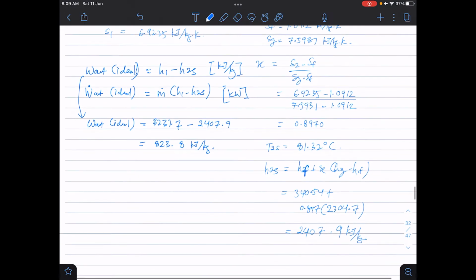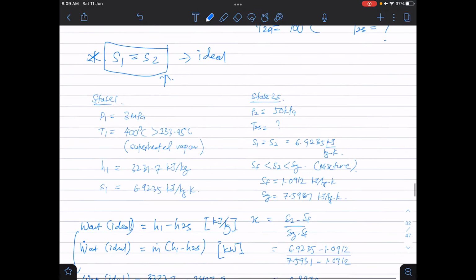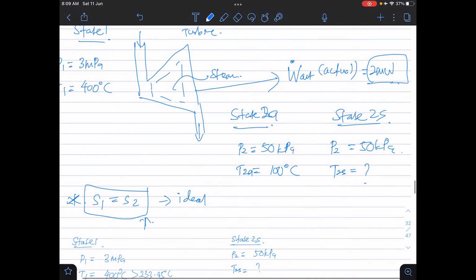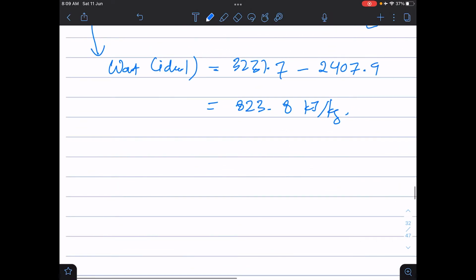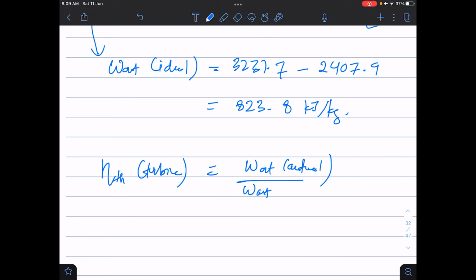In order to calculate isentropic efficiency, based on the formula for the turbine, we need to use the work output of the actual one over the work output of the ideal one.